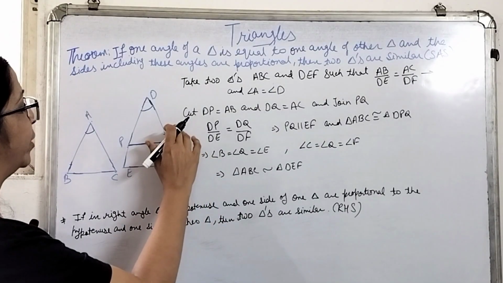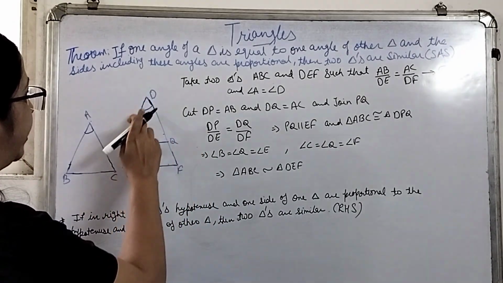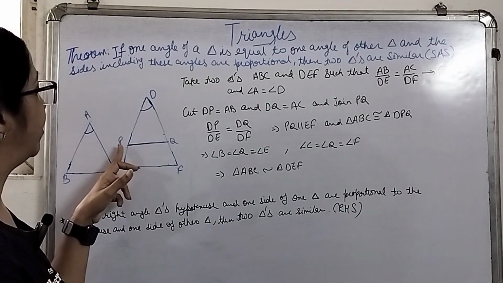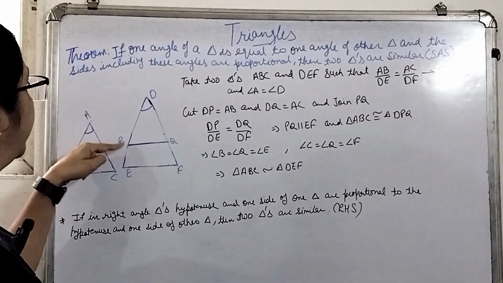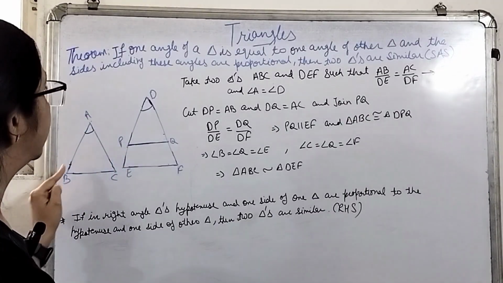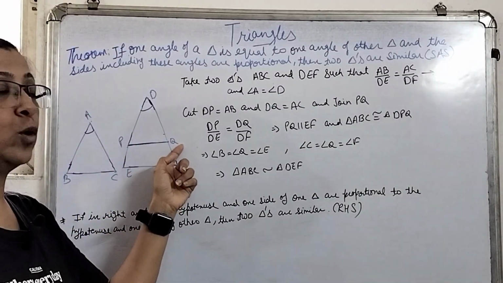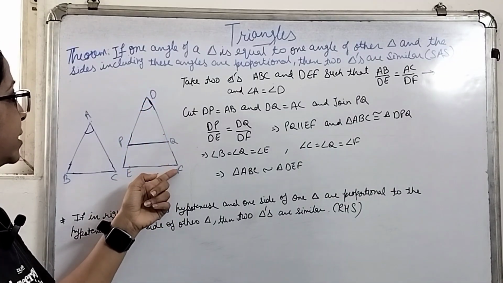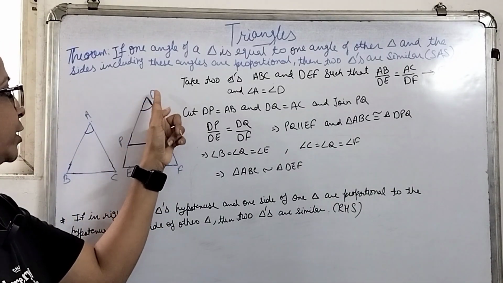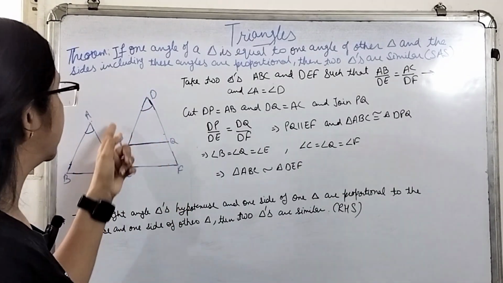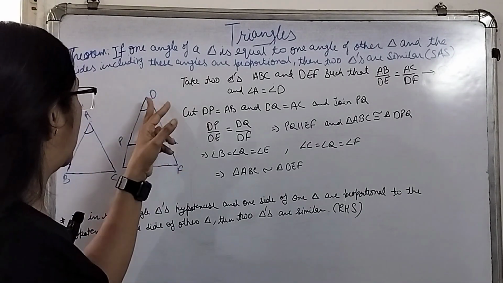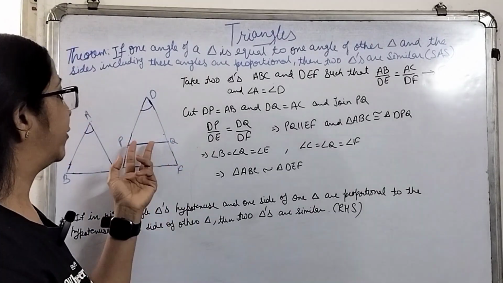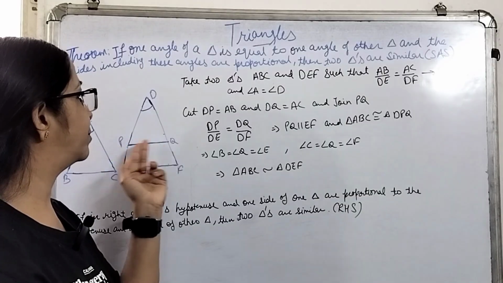Now what we will be doing is, again we will be taking a point on the side DE. The point will be P such that DP is equivalent to AB. Similarly, the point Q on the side DF is such that AC is equivalent to DQ. So this is what we have selected, the 2 points on the sides DE and DF, and we have joined these 2 points PQ.